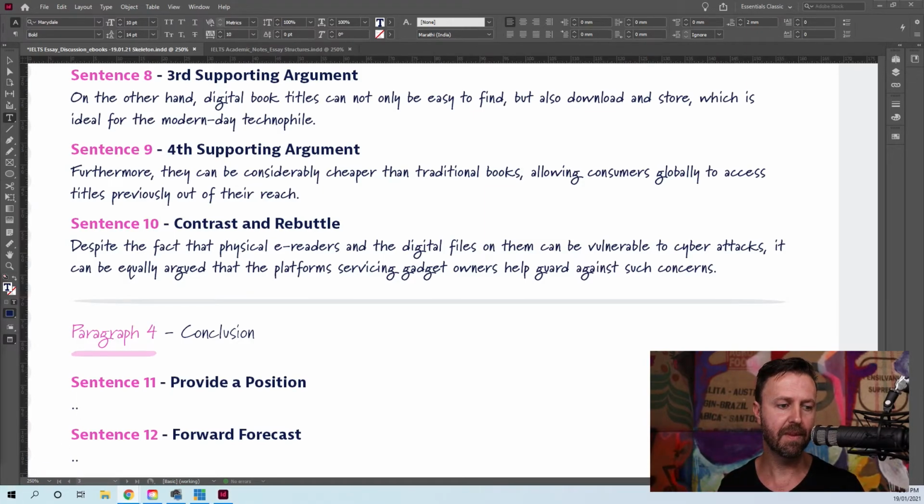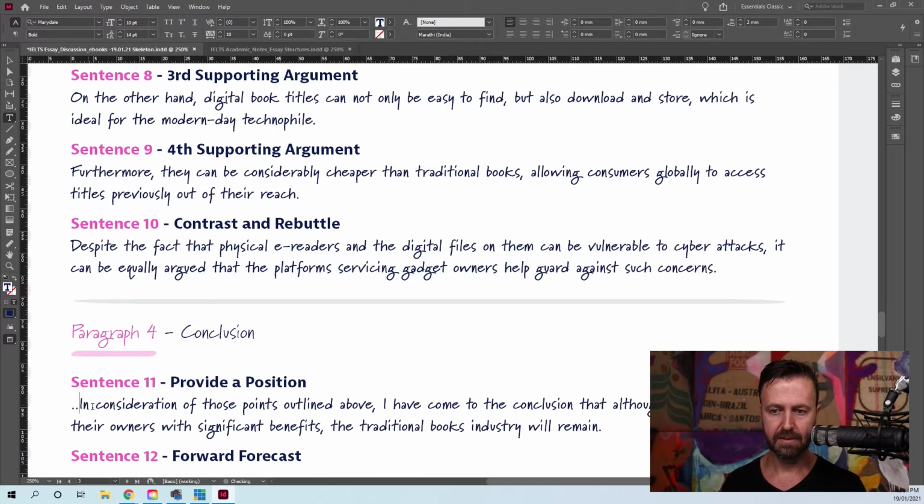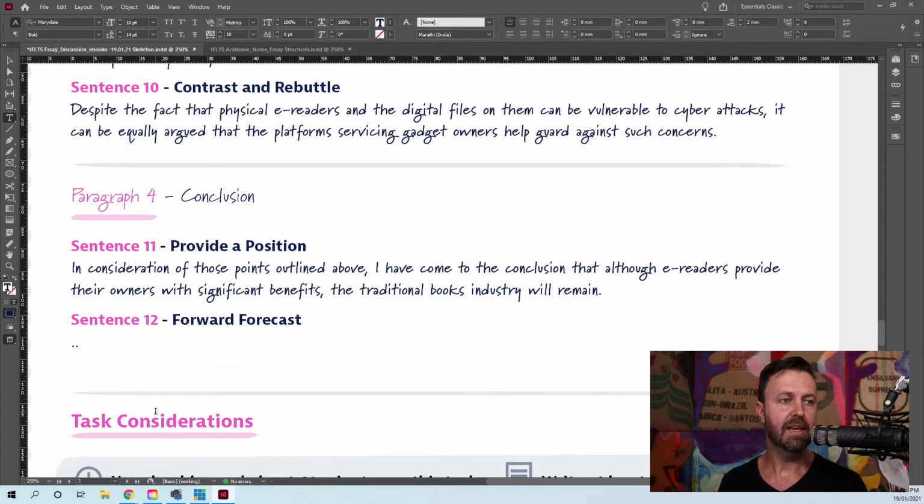Okay, let's do that now. So the sentence here is: in consideration of those points outlined above. Taking into consideration what we've just read, I have come to the conclusion. This is the first time we're going to give your position in the essay.